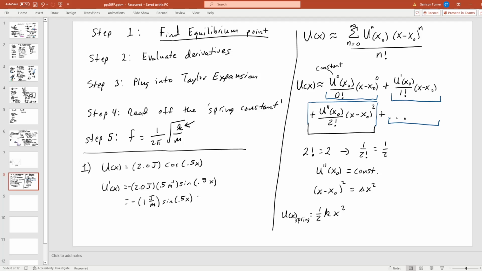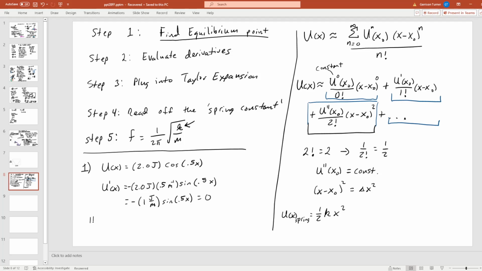Okay. And we need this to equal 0. And where is this going to equal 0? Well, sine goes to 0 at integer values of pi, right?